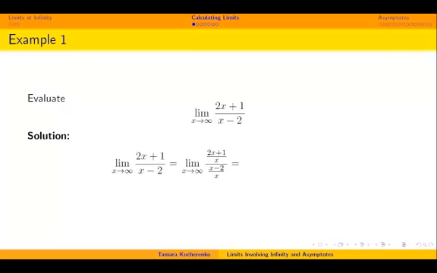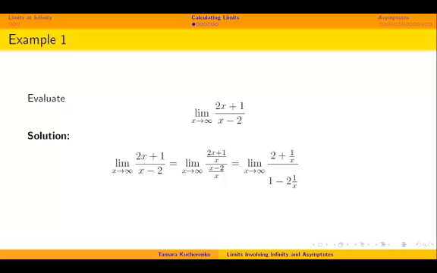Let's divide term by term. On the top, 2x over x gives 2 plus 1 over x. On the bottom, x over x is 1, so we get 1 minus 2 times 1 over x.